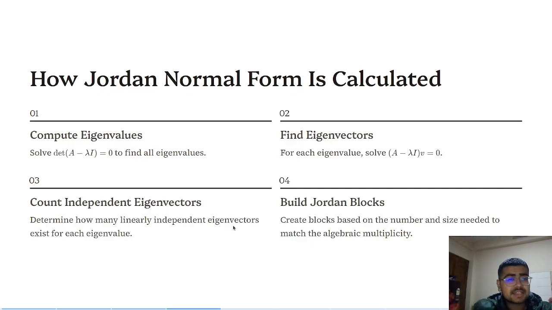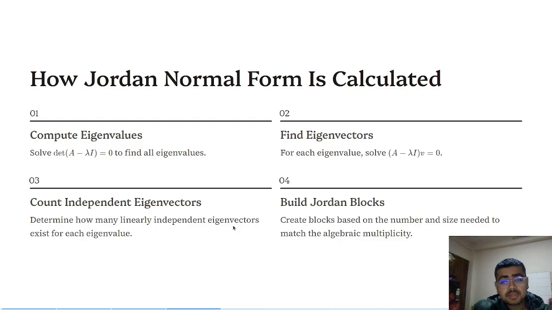So how exactly is the Jordan normal form calculated? First, we get the eigenvalues by solving the equation determinant of A minus lambda I equals 0. We get the values of the eigenvalues, which may be distinct or repeated.